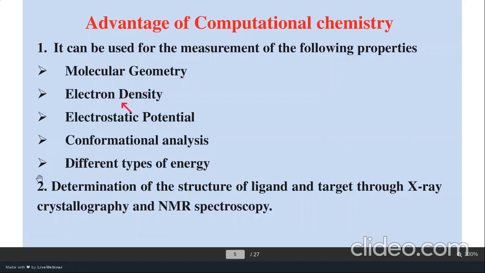The electron density: by using the software, we see how the electrons are distributed throughout the molecule or crystal. The electrostatic potential: we can calculate the electrostatic potential by using the software, in terms of MEP, the molecular electrostatic potential. It gives the picture. In this picture, we get some red, green, and blue colors.